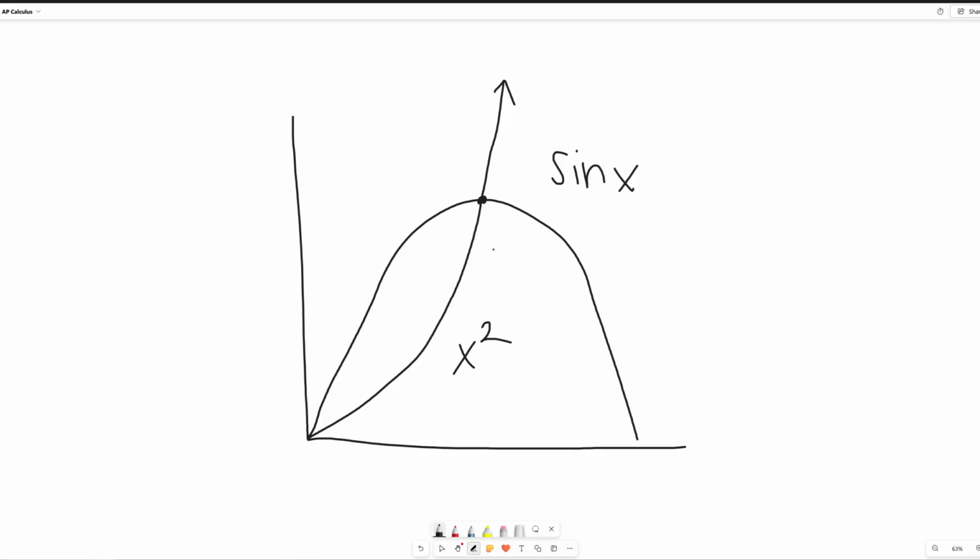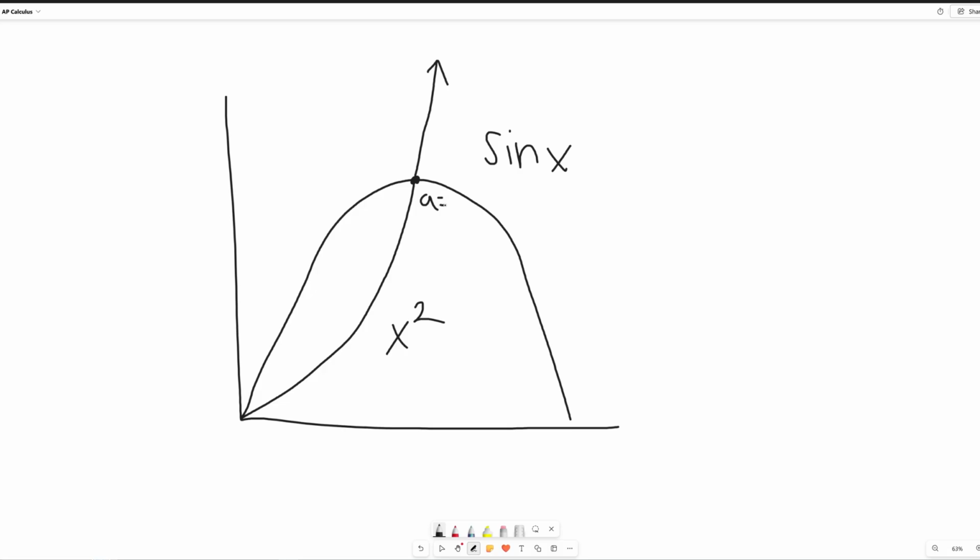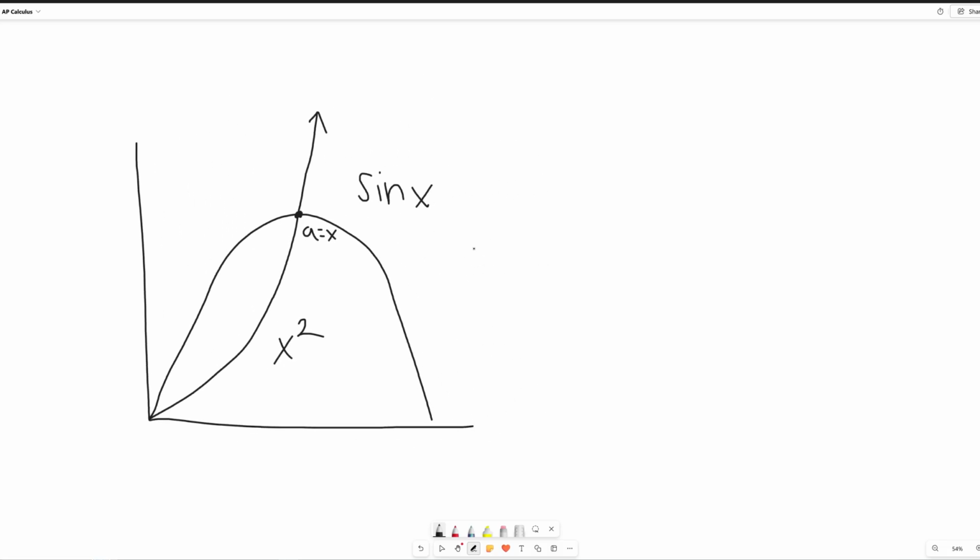It's around 0.8. So if you wanted to find this area between the two curves, I'm going to say that this x value is a. Here, you would just integrate from 0 to a of sine of x minus x squared dx.